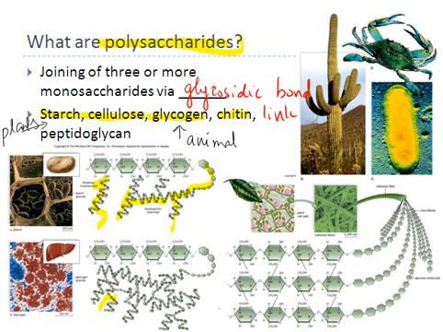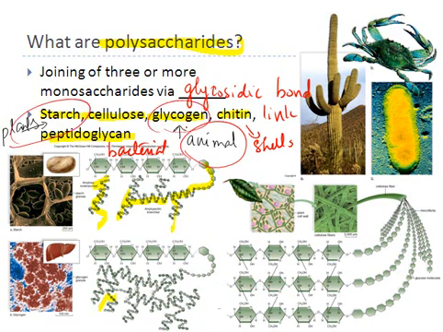Chitin was present on the cover of the picture where we have the crab sitting with the hard surface, and peptidoglycan is present in bacterial cell walls. So we have all kinds of carbohydrates. Some are structural, some are mainly for storage, and the ones for storage are starch and glycogen, and these give the energy required for performing many functions.